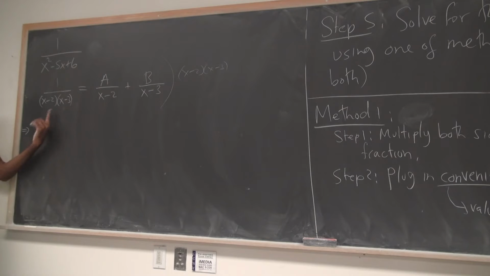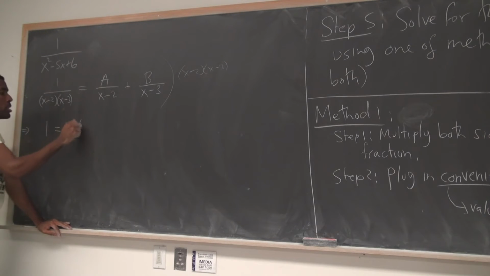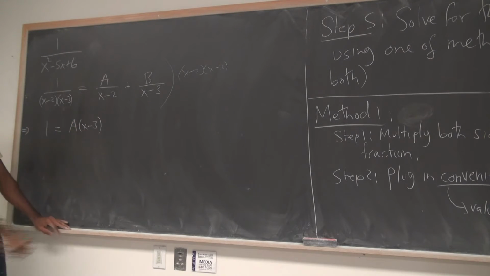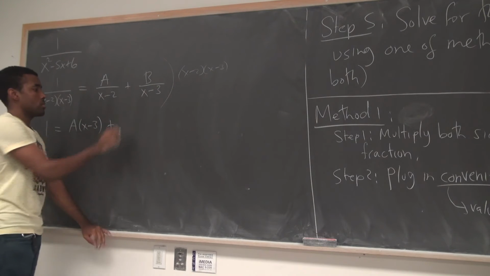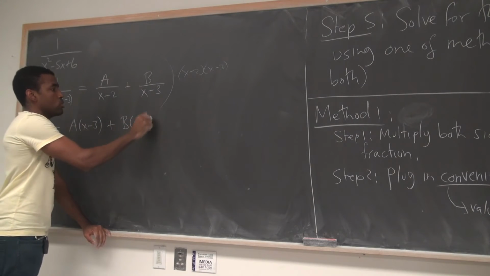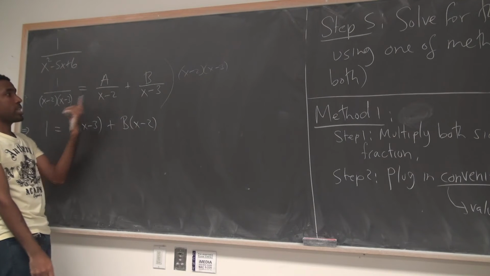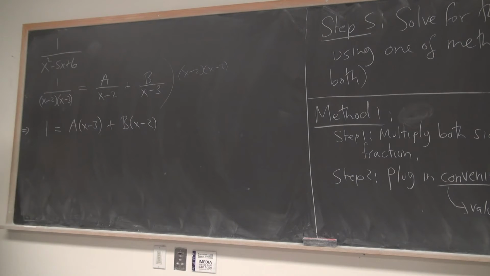This side just becomes 1. On this side, x minus 2 cancels, so I'm left with A times x minus 3, plus B times x minus 2, because the x minus 3 cancels. Now we can do step 2.